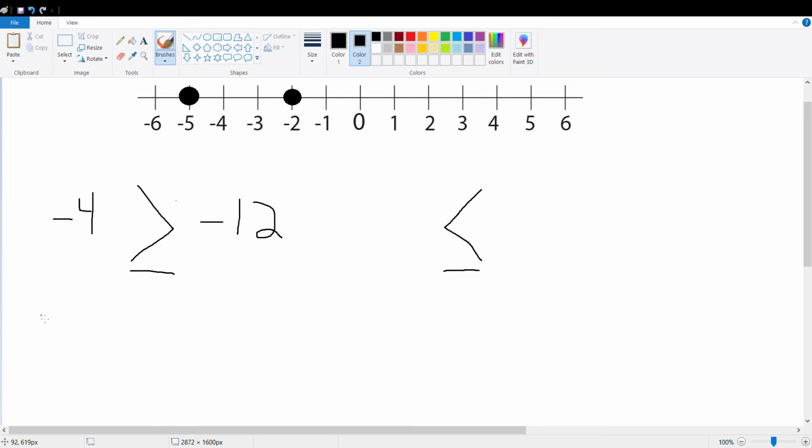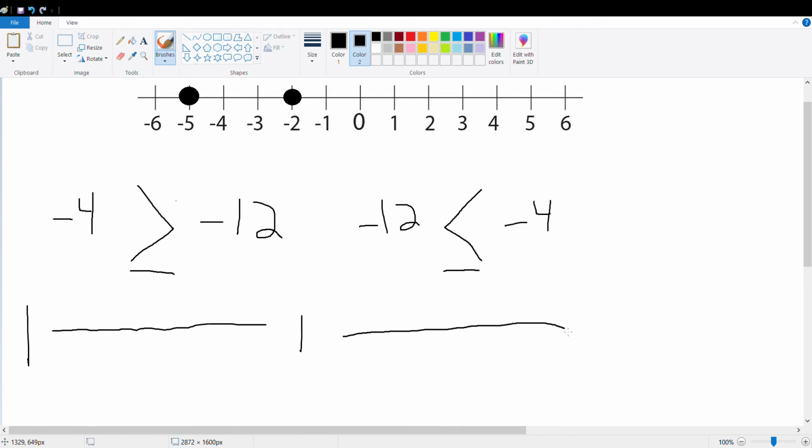We would read this from left to right: negative 4 is greater than or equal to negative 12. And if we flipped the symbol around, we would read it the opposite way, still going left to right: negative 12 is less than or equal to negative 4.